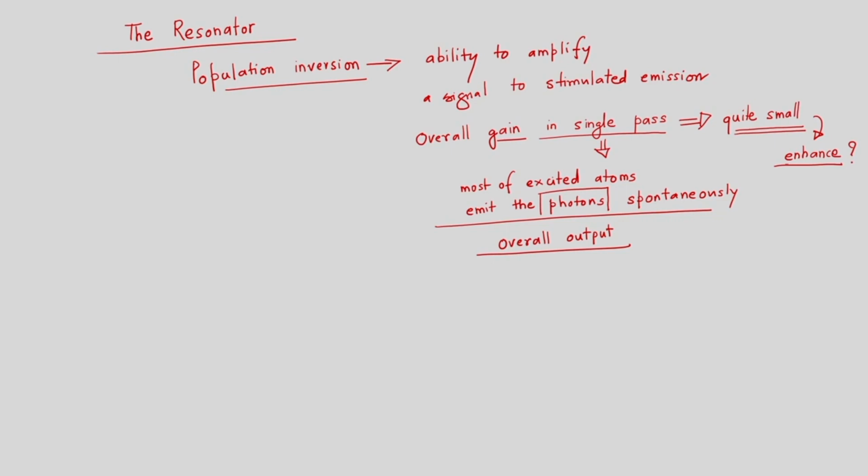So, what do we need to have? We need a positive feedback mechanism in which the majority of atoms in the population will contribute. We want to enhance the contribution of the atoms.